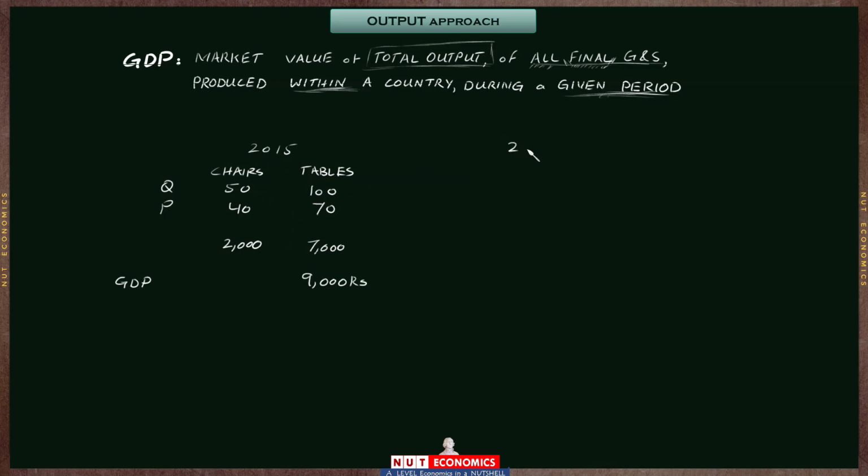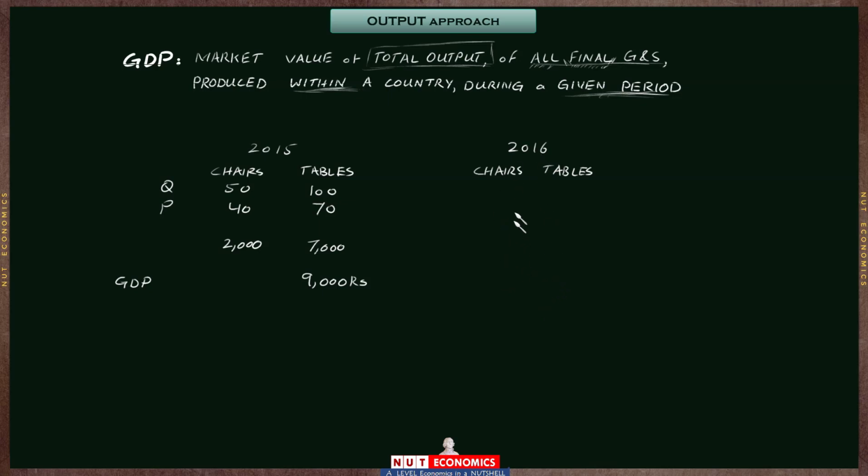And then in the next year, 2016, you will again see the number of chairs and the numbers of tables that this country is producing. And you will again measure the market value. And again, that would give you the GDP of that country in 2016.